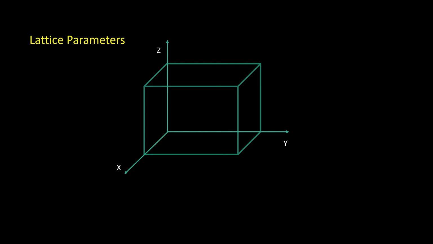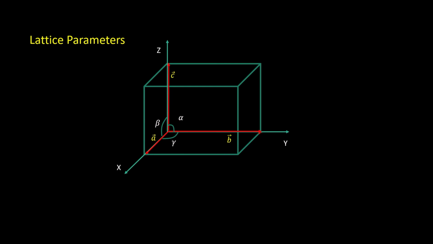A unit cell in 3 dimensions can be completely described by 3 lattice vectors A, B and C, where A tells you the distance to the nearest neighbor lattice point along the x direction, while B and C give the distance to the nearest neighbor lattice points along y and z directions. Apart from these 3 lattice vectors, we need 3 angles to completely specify the structure in 3 dimensions, and those angles are alpha, beta and gamma.